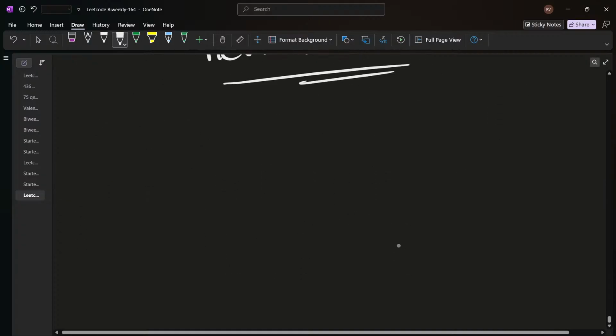Now, what should I do for this question? As I said, I'm not gonna give any pseudocodes, but I'll definitely give you the time complexity and the space complexity.